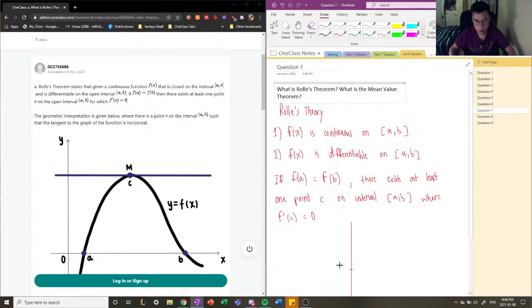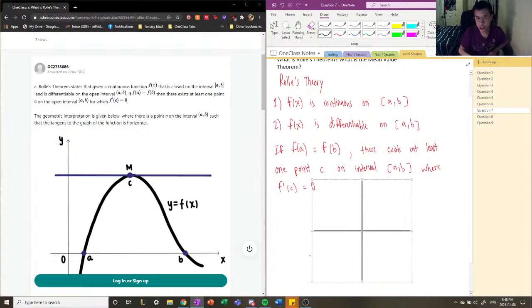Let's say our function is just a horizontal line, and our interval is from a to b. We see that Rolle's theorem is true. If f of a equals f of b, then there are infinite points on this line that have a derivative equal to 0.